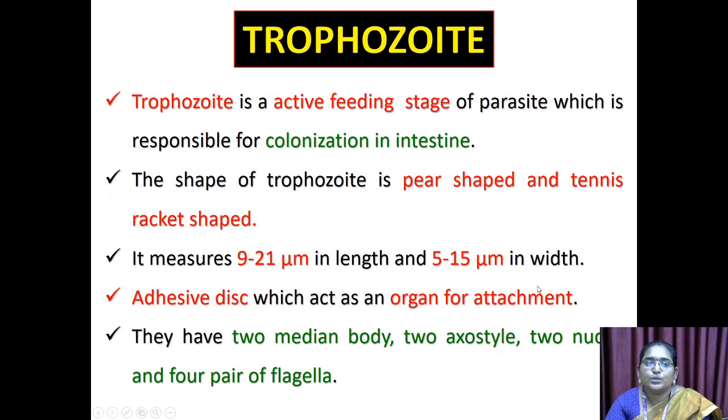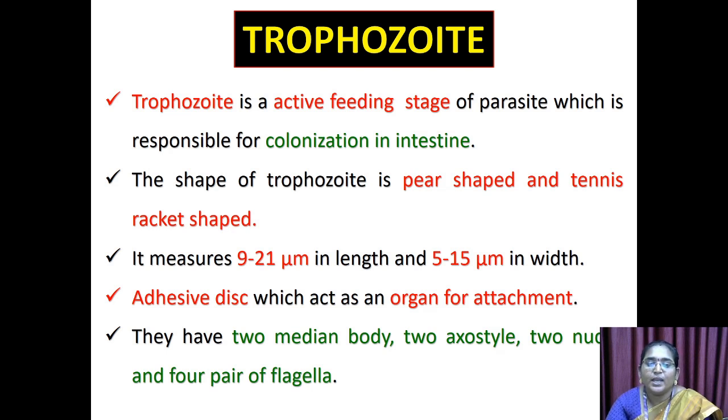Next one is trophozoite. Trophozoite is the active feeding stage of the parasite, which is responsible for colonization in the intestine. The shape of the trophozoite is pear-shaped or tennis racket-shaped. It measures 9 to 21 micrometers in length and 5 to 15 micrometers in width. It has an adhesive disc which acts as an organ for attachment.